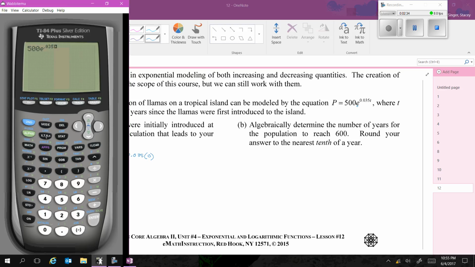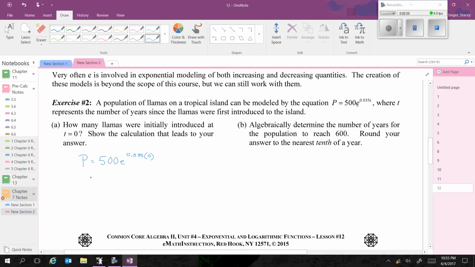I don't have a t button, so I can use my variable button, which is x, t, theta, and whatever it is. I get 700. Oh, I need to plug 0 in for x. So times 0. I get 500. The reason for that is anything raised to the 0 power, remember, is 1. I have a population of 500.